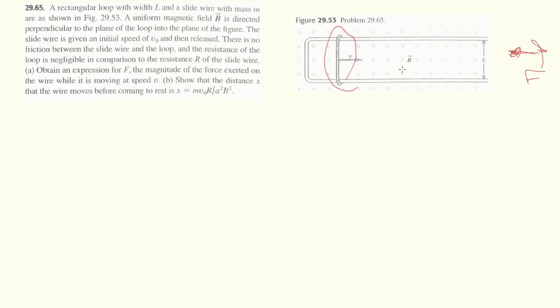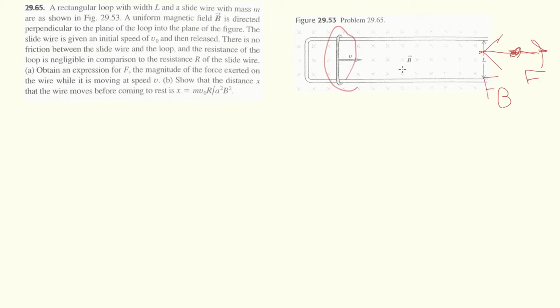That forward force is going to be countered by the backward force from the magnetic field, the Lorentz force that acts on it. And why would there be a Lorentz force? Because there's going to be an induced current inside that wire, due to the voltage that's going to be created inside there.